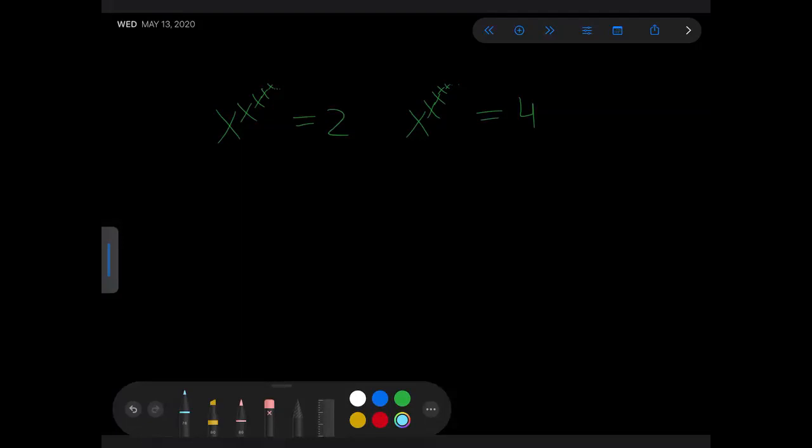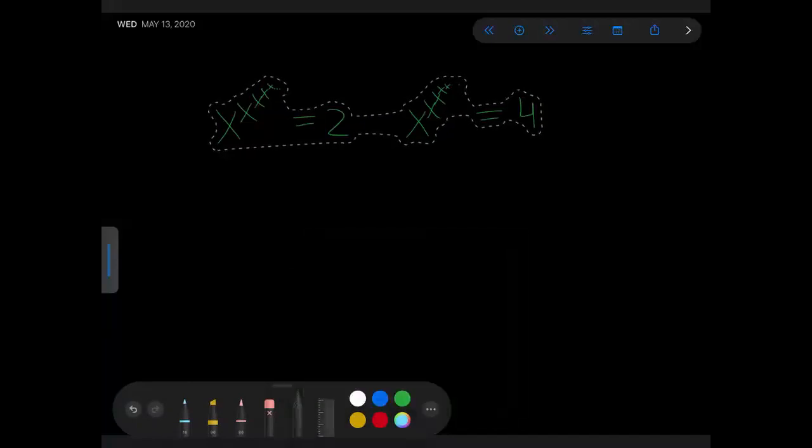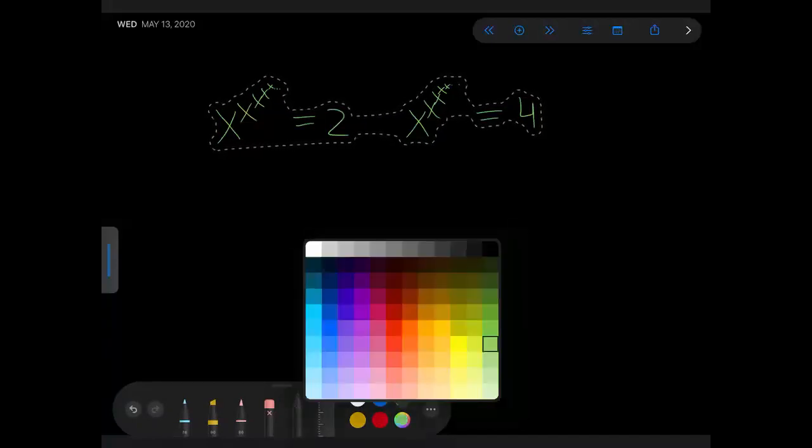Find the value of x. And in a different problem, what is x to the x to the x to the x equals 4? And what is the value of x there? Let's make it a little bit lighter. I think some people are having trouble seeing it. All right, should be more visible now.